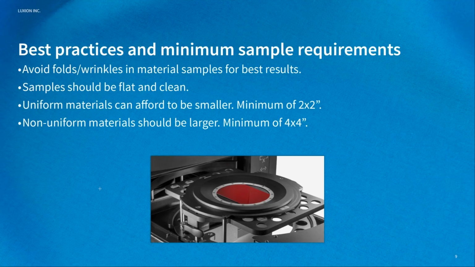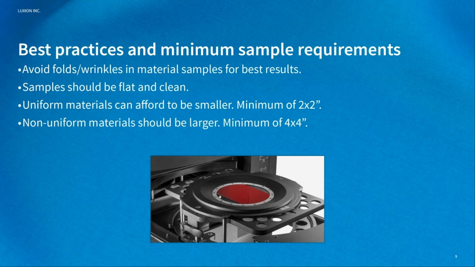So it's best that the samples are nice and flat. If it's something like a metal or a plastic, give it a nice cleaning so that you're not seeing any of those smudges, because the scanner is so accurate that it'll capture all those little imperfections that you might not want in your actual rendering.